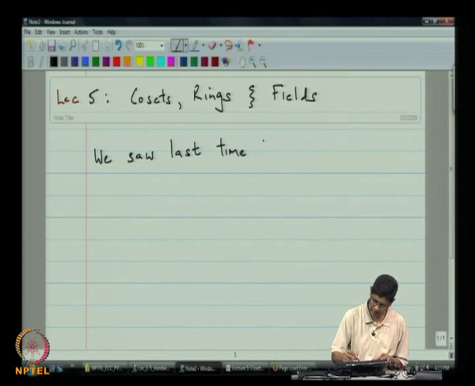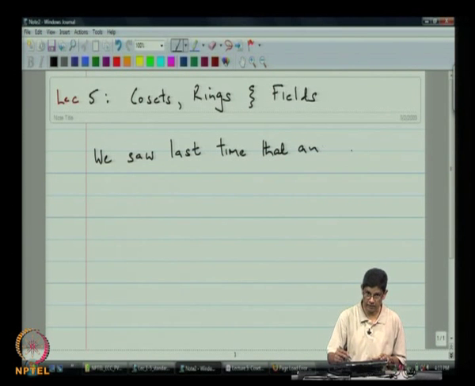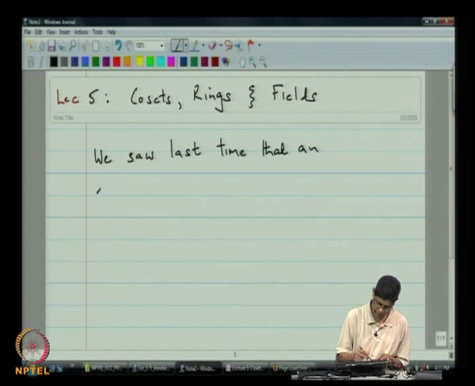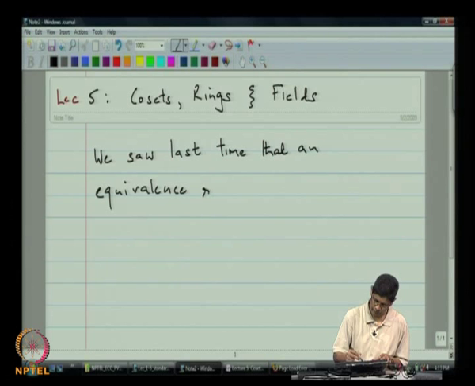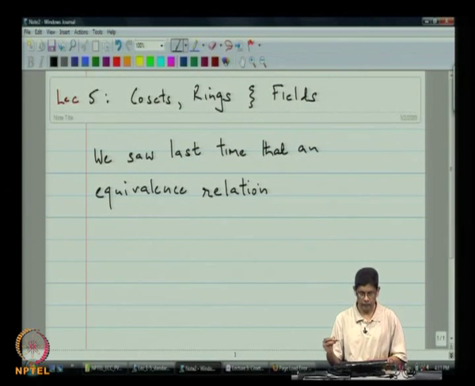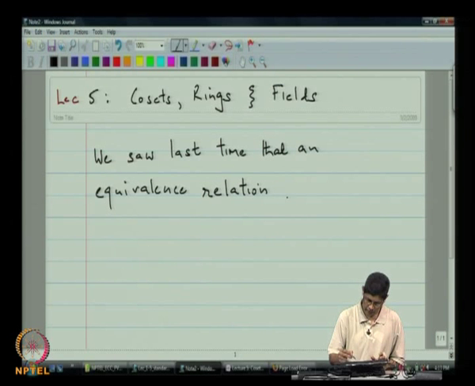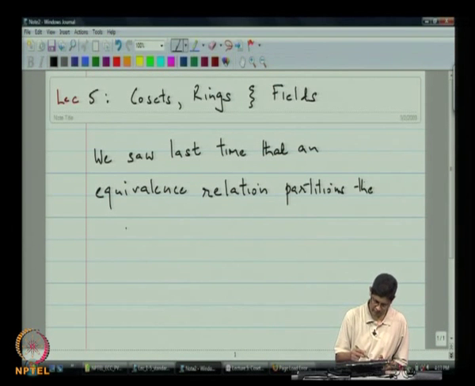We saw last time that an equivalence relation partitions the set.